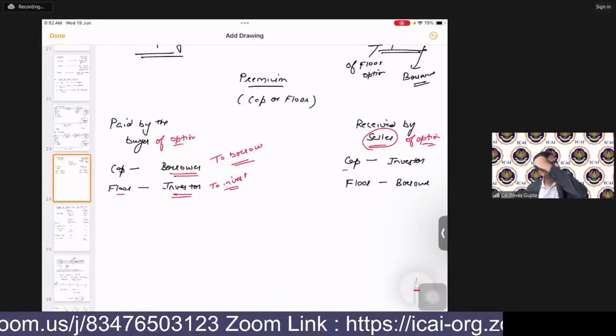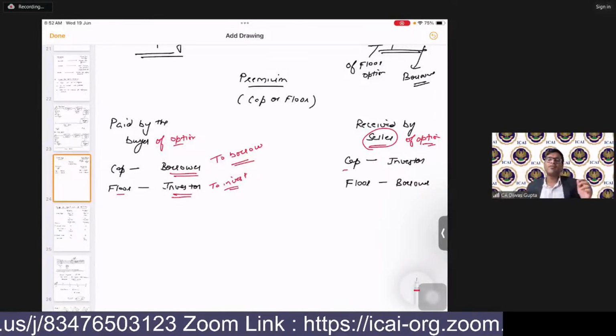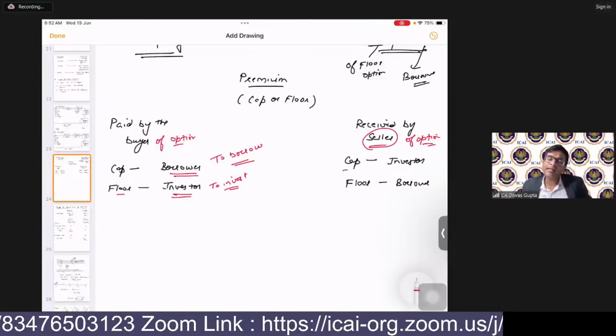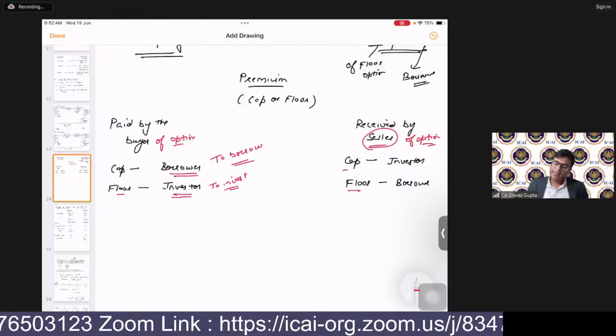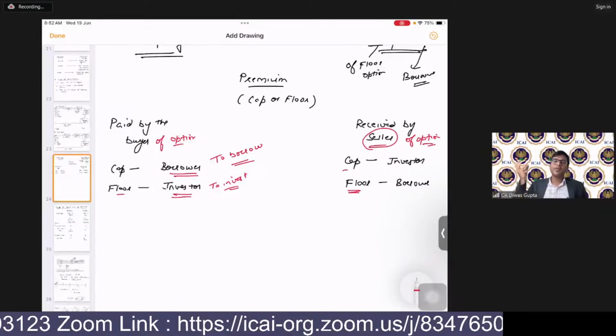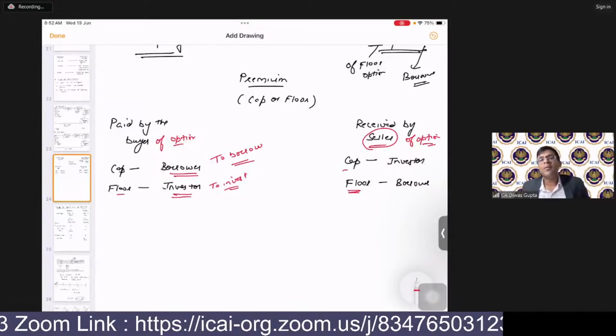Or in other words, the seller will have to compensate for the loss in the interest rate, right? Similarly, for a floor, the seller will become the borrower.